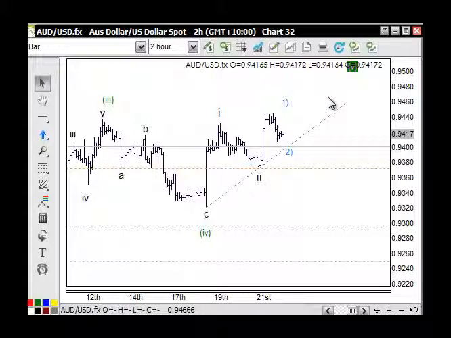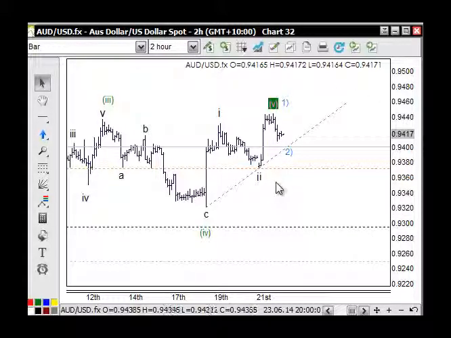However, all I wanted to point out in this whole sort of gamut here was that currently, if this low here gets taken out, the bottom of this wave 2 here, then we know there's going to be a larger correction occurring, and we'd probably have to first of all put this here. There may be other options, but we would have to put that there, and we'd be looking at a larger ABC correction to come into play.